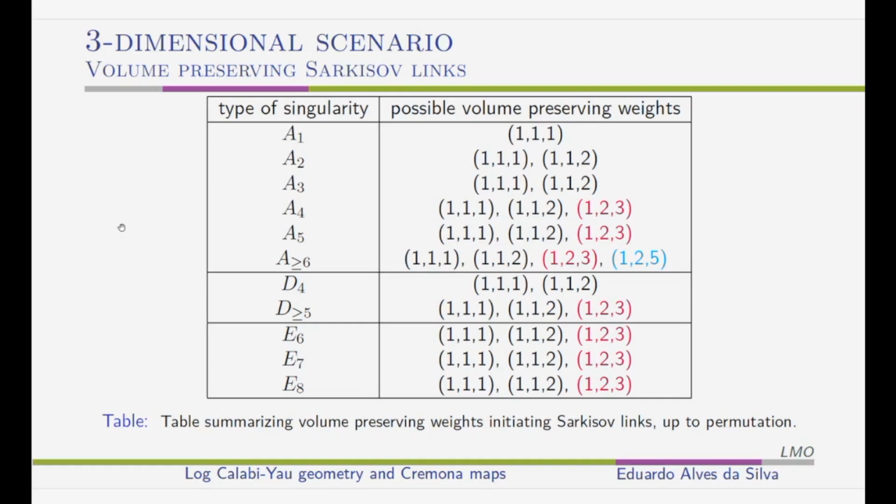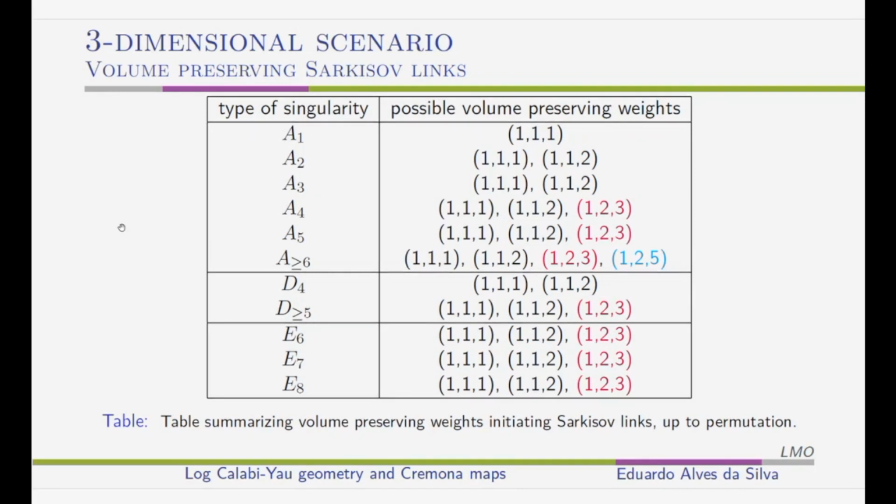These weights in colors will not work for a generic member of the coarse moduli space of quartics having such a type of singularity. So they will only work for special quartics in the corresponding coarse moduli space.